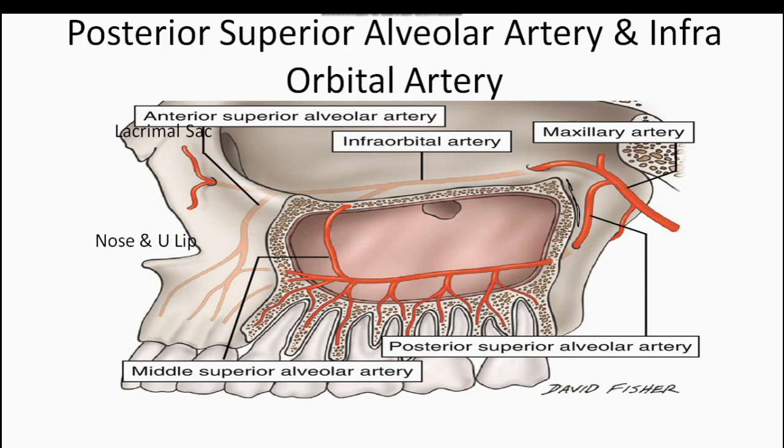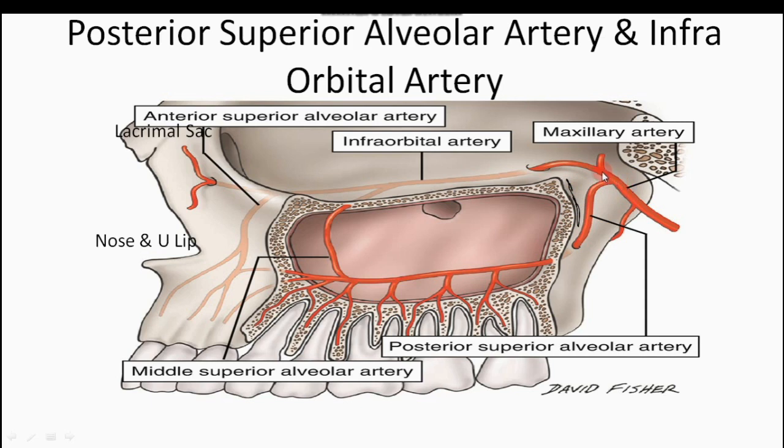First are the posterior superior alveolar artery and the infraorbital artery. See this black mark, where I am focusing the pointer of the mouse. I am indicating the pterygomaxillary fissure. The maxillary artery, before reaching this pterygomaxillary fissure, divides.